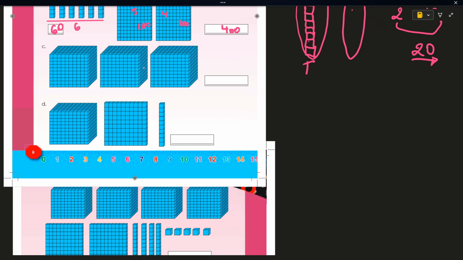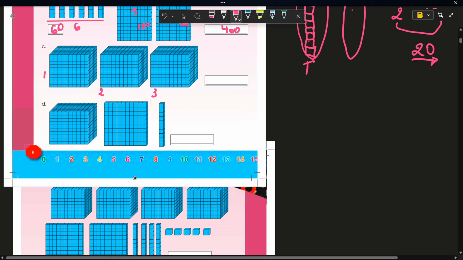Now, the next question, 1C. What objects have we got here? These objects are cubes. We've got one cube here, a second cube here, and the third one here. How many blocks have we got in each cube? That's why we call them thousands.